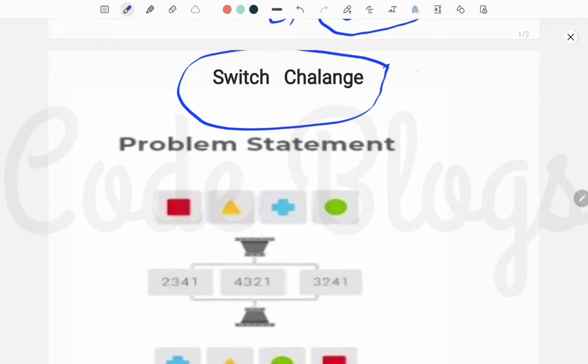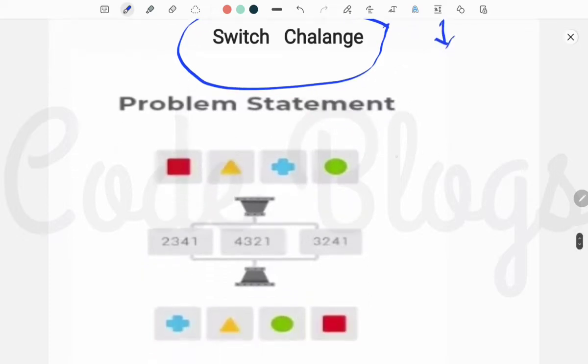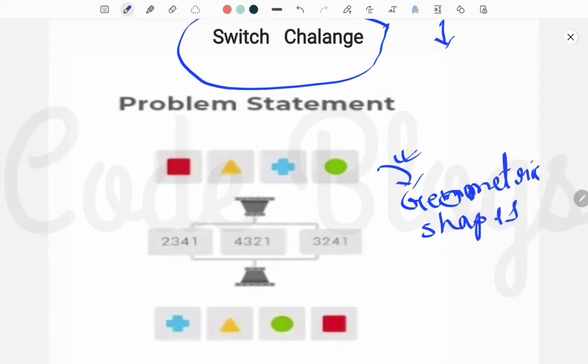First of all, coming to this problem statement, here you are given a sequence of geometric shapes. Our first task is to number these shapes: this is 1, this is 2, this is 3, this is 4, and this is our input.